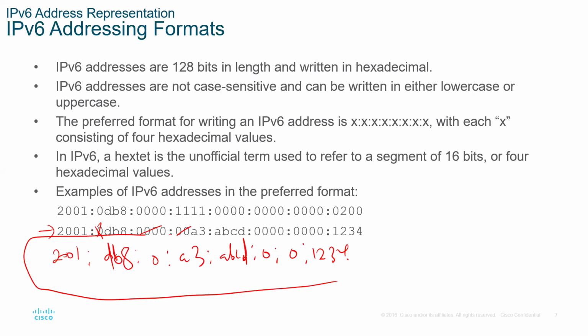This is the representation after omitting the zeros. Typical questions you get in the exam are exactly like this. You're given an IP address like this one and you are asked to reduce it. Rule number 1, you omit leading zeros.